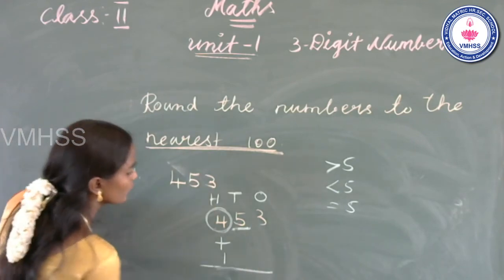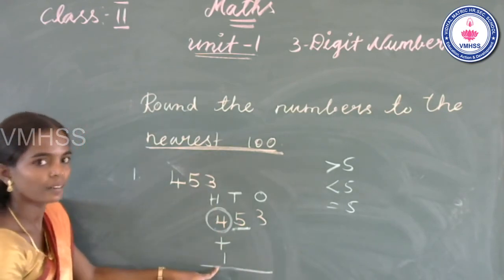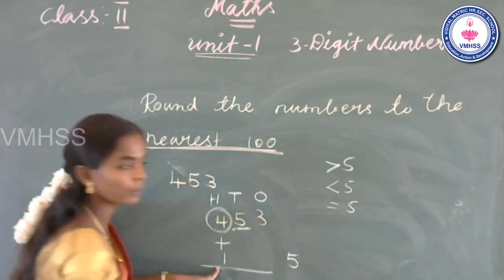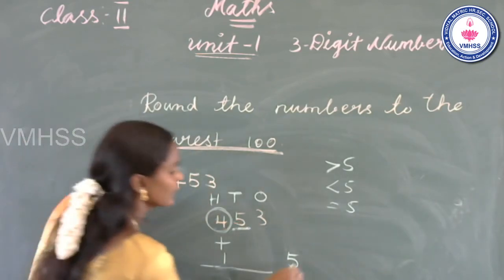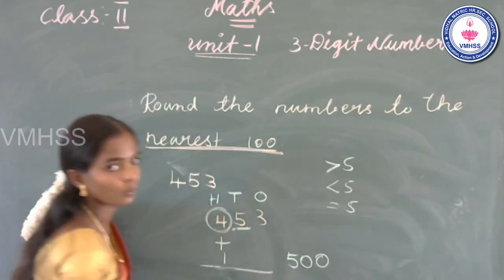Tens place and ones place numbers will become 0.